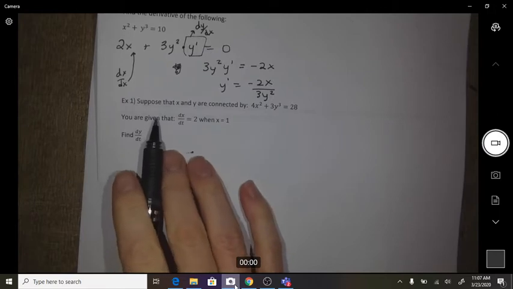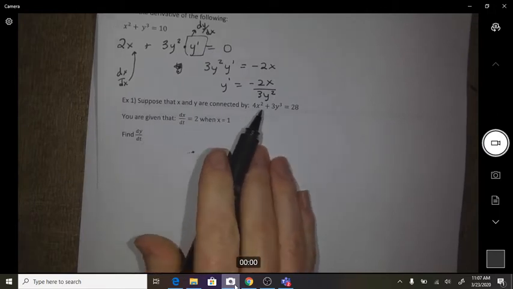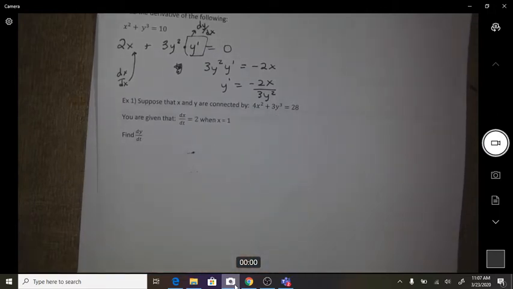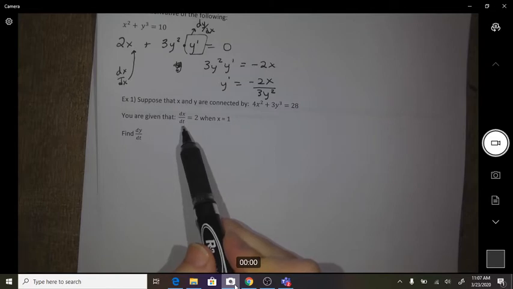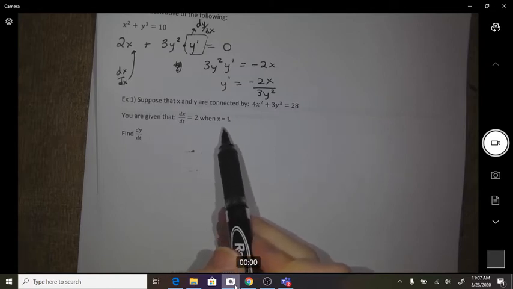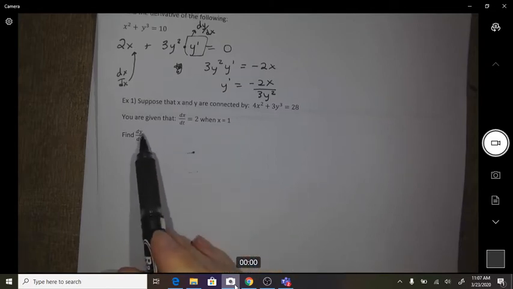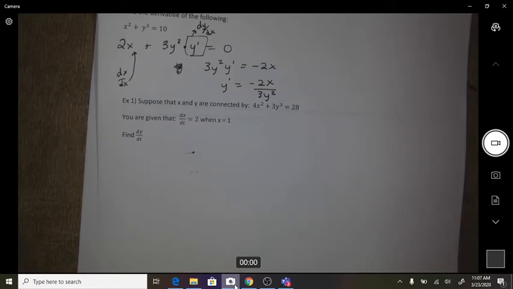Okay, suppose that x and y are connected by this statement. You are given that the change of x with respect to time equals 2 when x equals 1. Find the change of y with respect to the change of time.